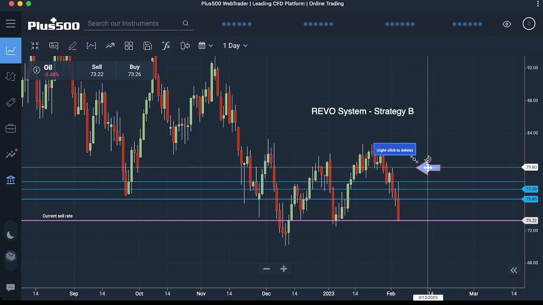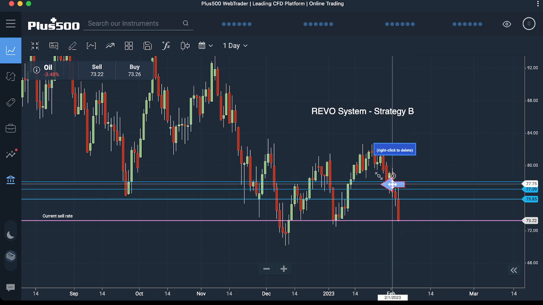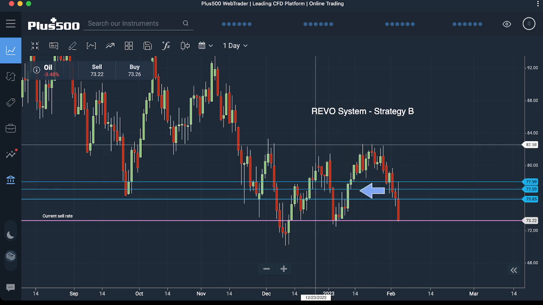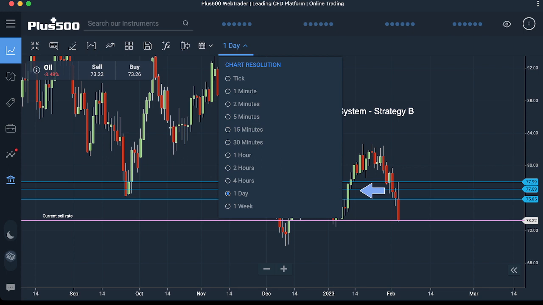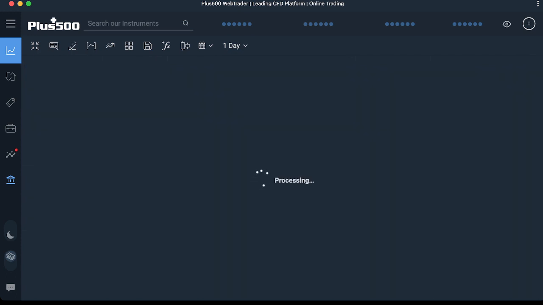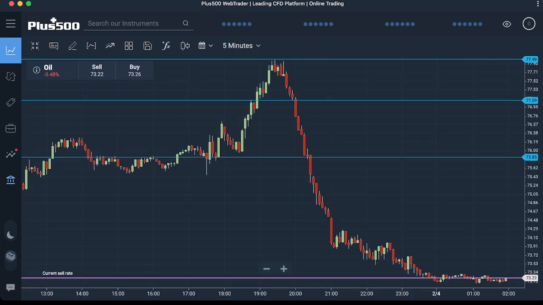So considering these, now we can go to a lower time frame, and the example which I'm going to discuss today is going to be using the 5-minute setup. So remember the rule that we had for the 5-minute setup.